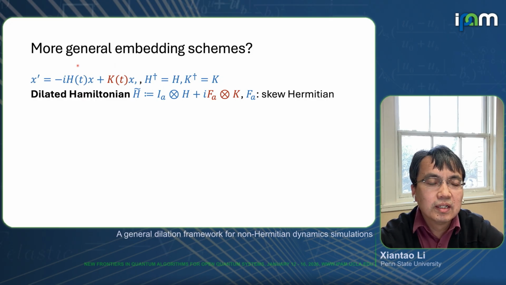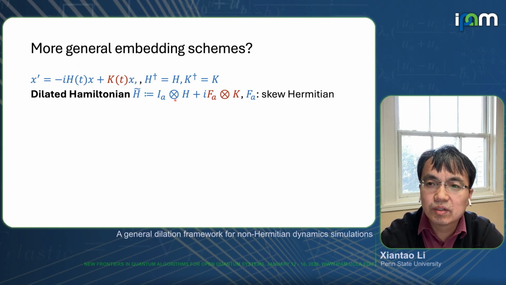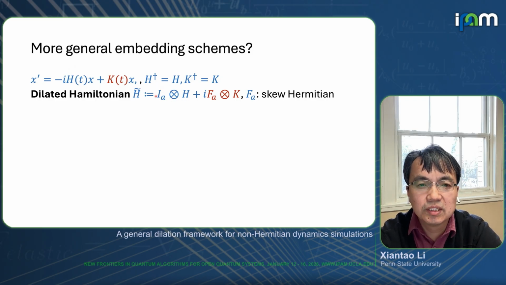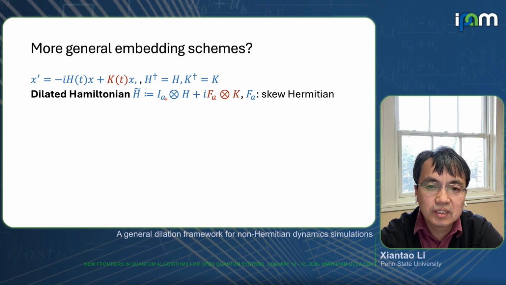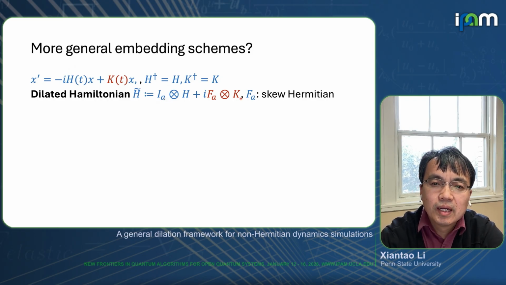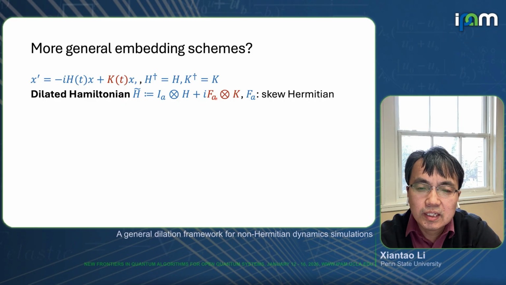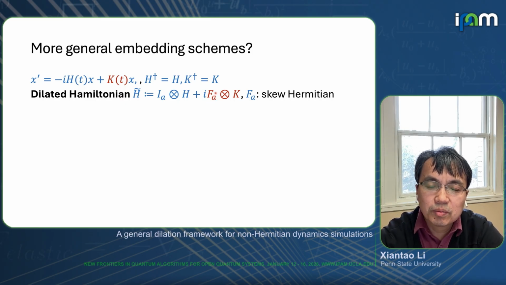So for the first part, this H is already Hermitian, so I'm not going to do anything extra to this. I'm just going to use this trivial dilation with the identity operator on the ancilla. The key component here is this skew-Hermitian operator on the ancilla that helps to elevate this K here into a Hermitian part.